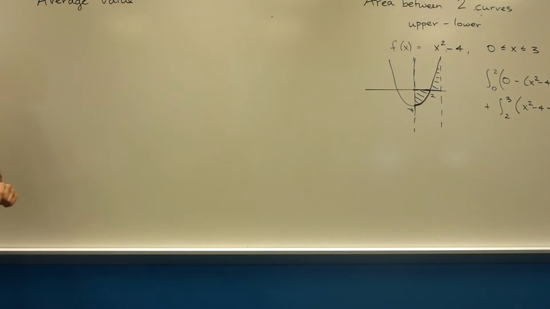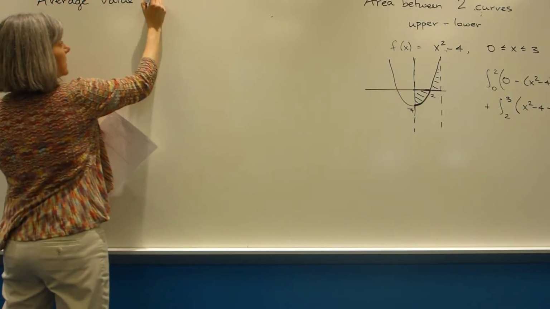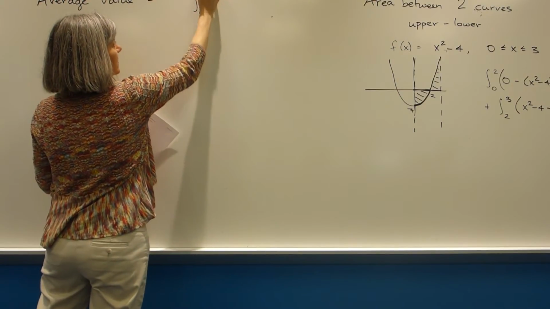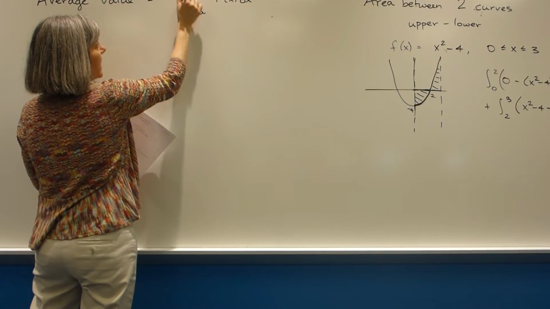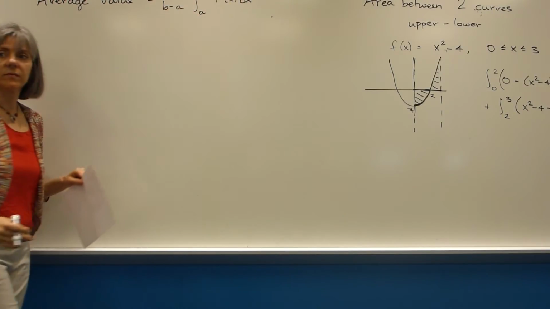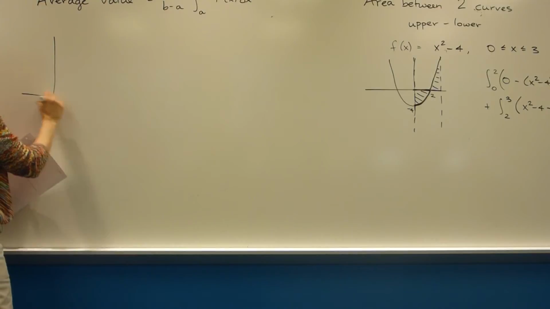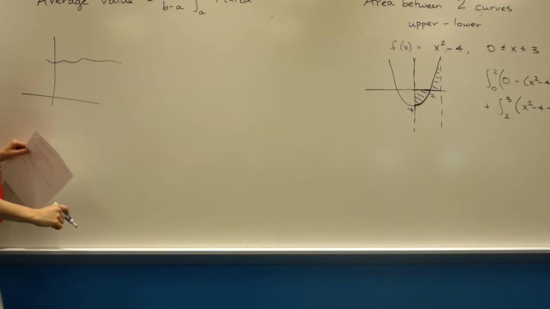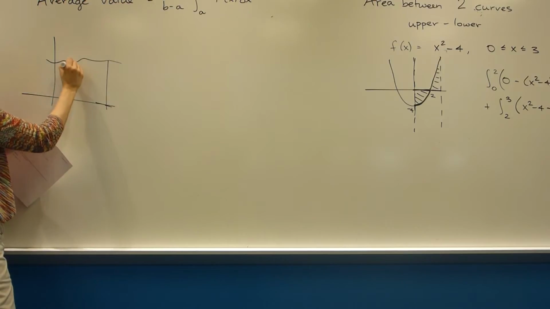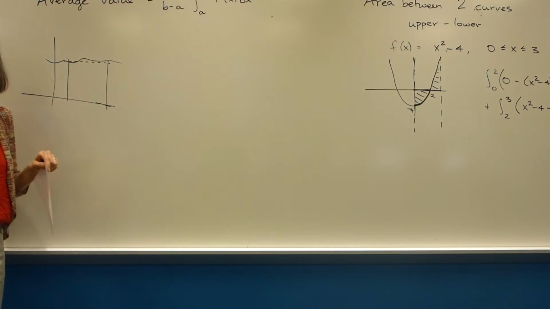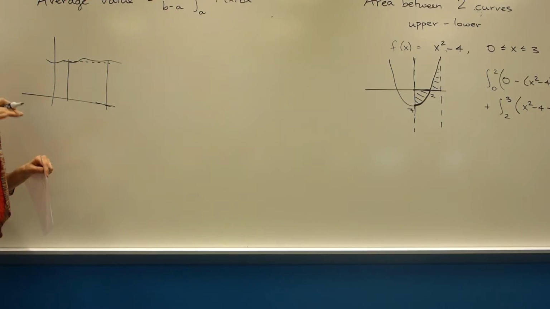The average value of any function is the following: it's the area under the function divided by its width. So if you've got some function that's varying over a certain interval, you can figure out there's kind of an average value running through it. This will give you that average value.